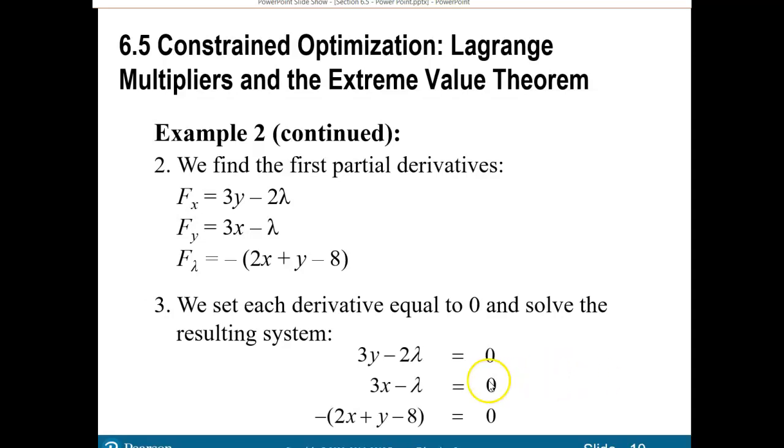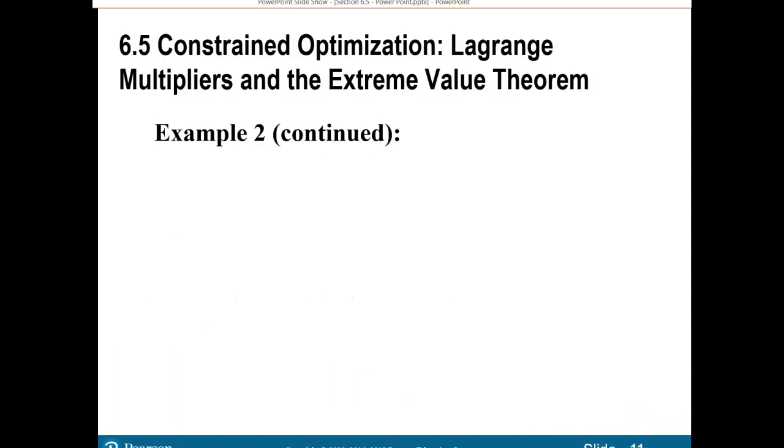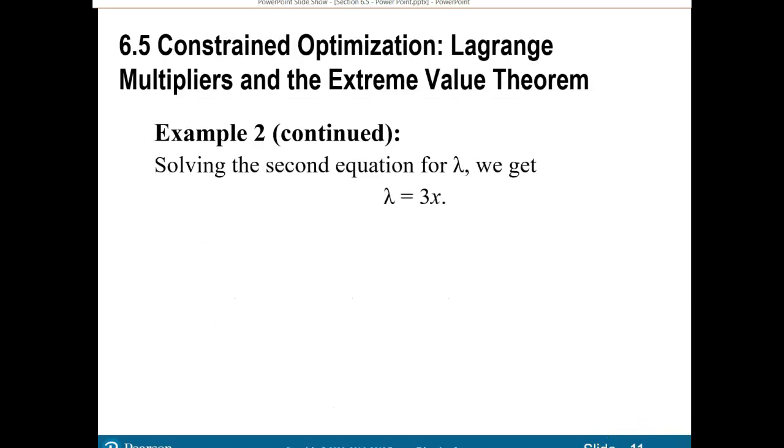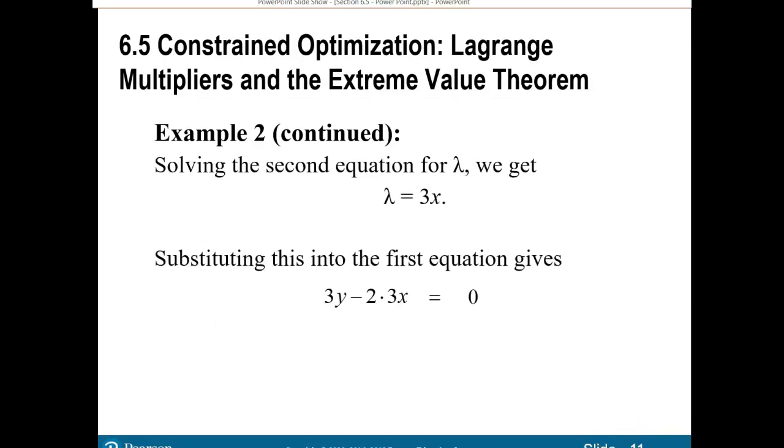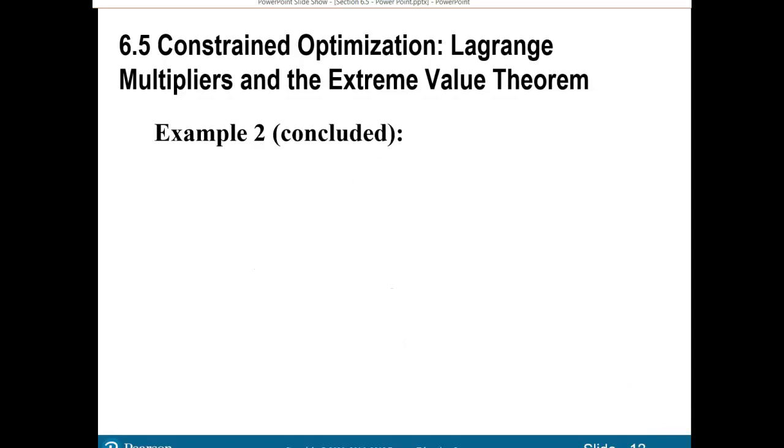Okay, so here we're going to write 3y equals 2 lambda, 3x equals lambda. So we have 3x equals lambda, substituting into the first. They didn't move it over, but you could have. 3y minus 2 times lambda equals 0. So 3y would equal 6x, which means y would equal 2x. So in that third equation, we're going to replace y with 2x.